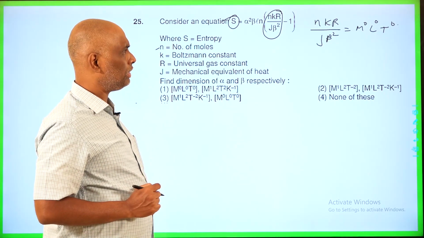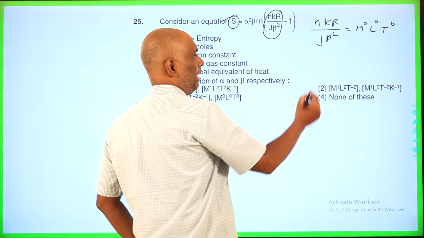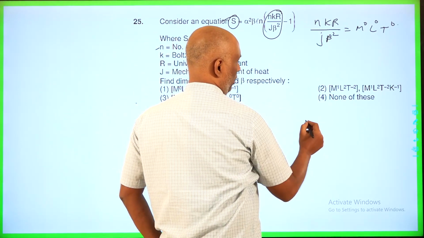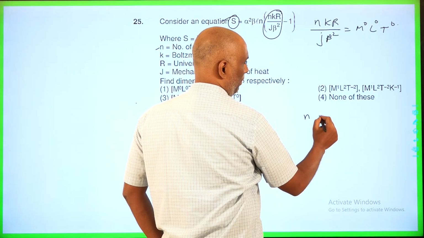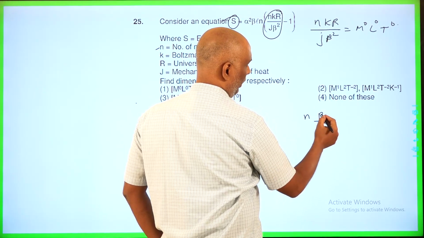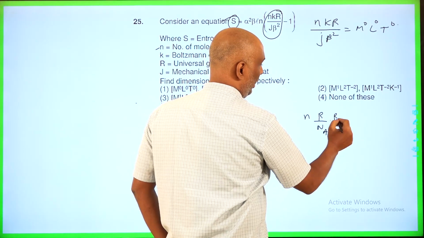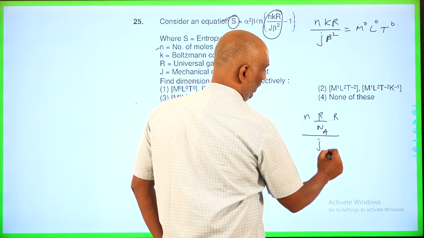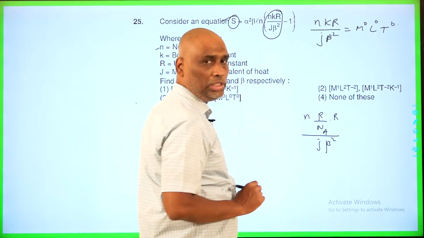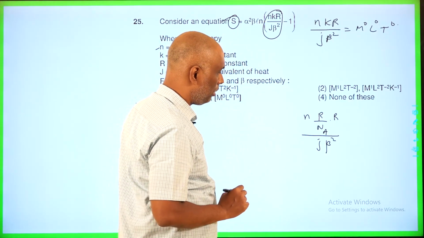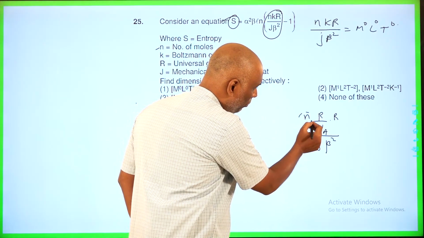So from this equation I can write nk as R divided by Avogadro number Na into R divided by J into beta square. This is the quantity I am considering.